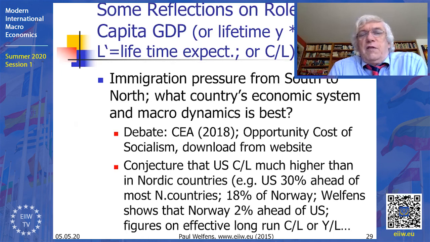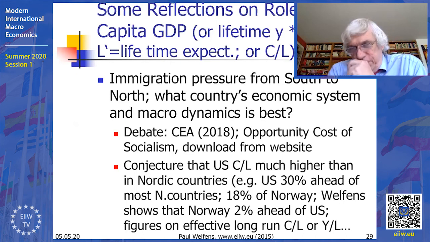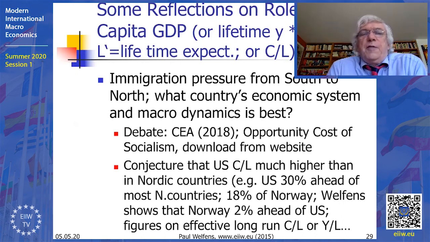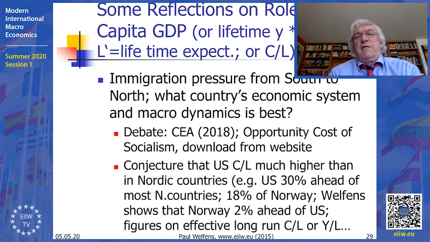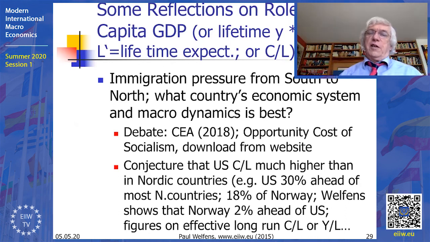And so the CEA argues that the US per capita consumption in purchasing power parity is much higher than in Nordic countries. So roughly the US is ahead by about 30% of the Nordic countries. Okay, it's only 18% in the case of Norway, but I did show then in this book, The Global Trump, that here we should have some doubts.